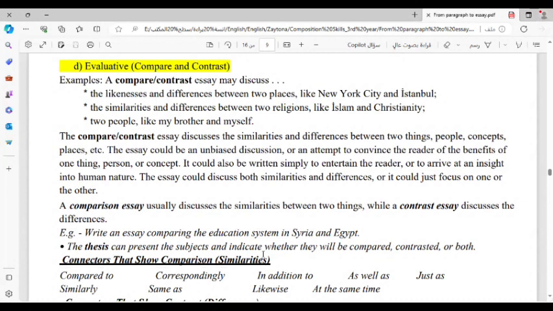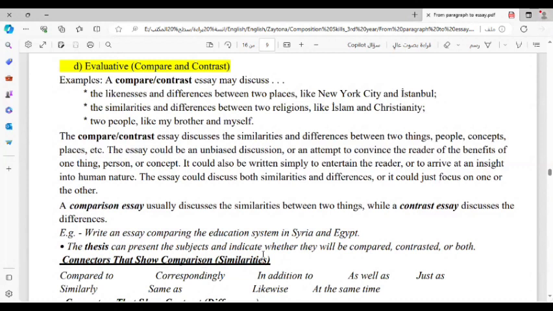A comparison essay usually discusses the similarities, while a contrast essay usually discusses the differences. Maybe I will have an essay which is to focus only on the comparison, the similarities. Maybe I will have another essay which is a contrast essay in order to discuss or focus on their differences.